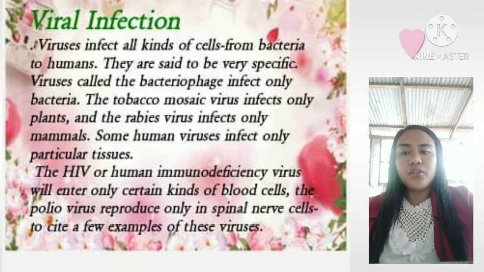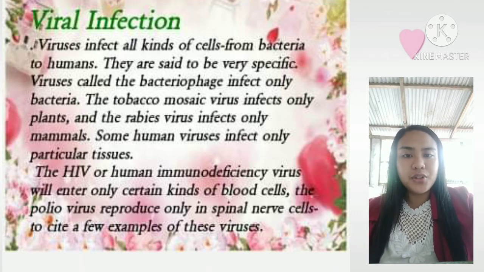The HIV or human immunodeficiency virus will enter only certain kinds of blood cells. The polio virus reproduces only in the spinal nerve cells. To cite a few examples of these viruses. So, the HIV, pamilyar naman sa atin yon, yung sakit ng tao na nakukuha sa ibang tao din. Halimbawa, nakipagtalik ka, tapos nakipagtalik ka ulit sa iba, tapos may tendency na makakuha ka ng ganitong sakit.